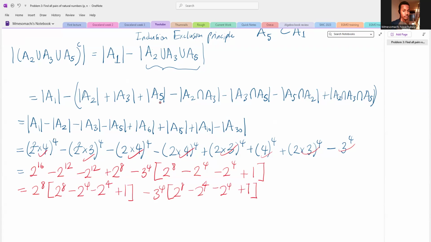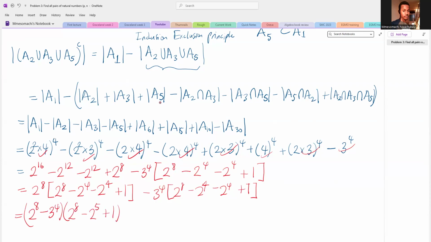Okay, so this is going to be, so minus 2 to the power of 4 minus 2 to the power of 4, that's just basically minus 2 to the power of 4 times 2. That's minus 2 to the power of 5. So I'm just going to factor that out. So I have 2 to the power of 8 minus 3 to the power of 4. And then we have 2 to the power of 8 minus 2 to the power of 5 plus 1.